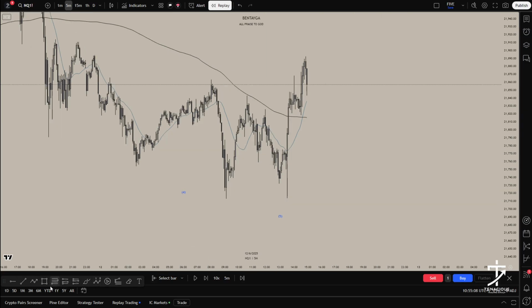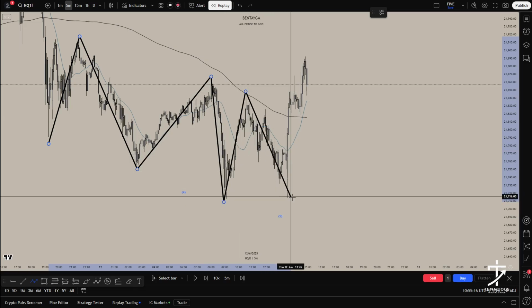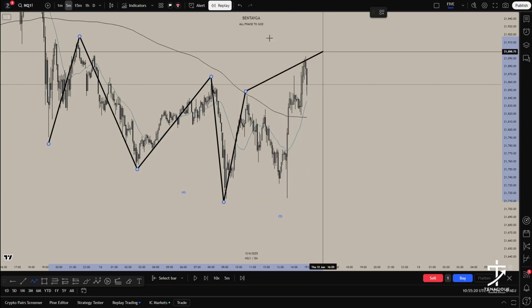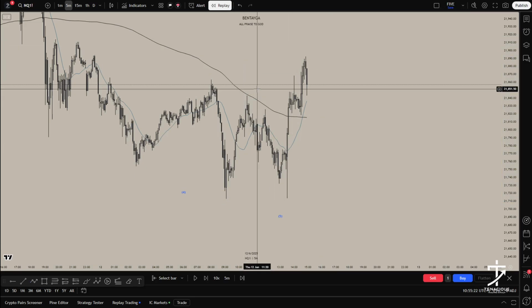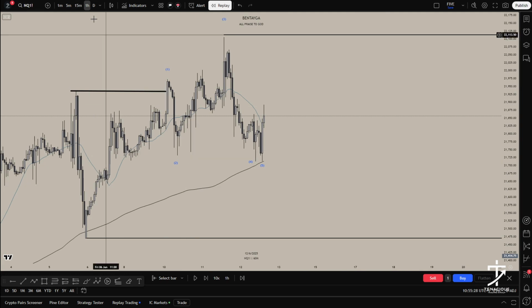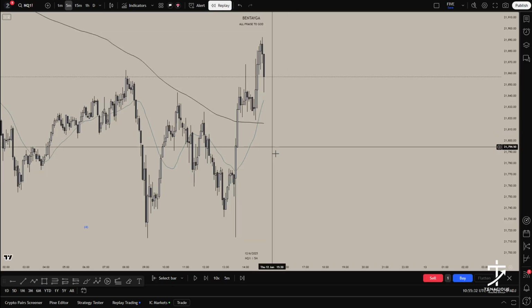So again, low, lower low, lower high, failed to make a new lower low. That's the first indication that price wants to flip, and then now potentially price is matching my higher time frame, which is the 1 hour chart. So what can I start doing? I can start looking for longs.